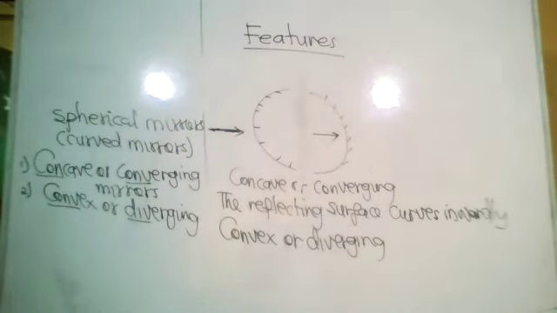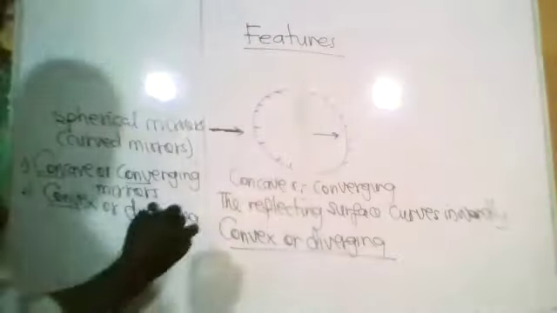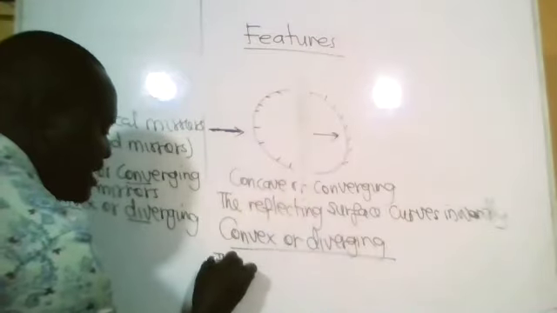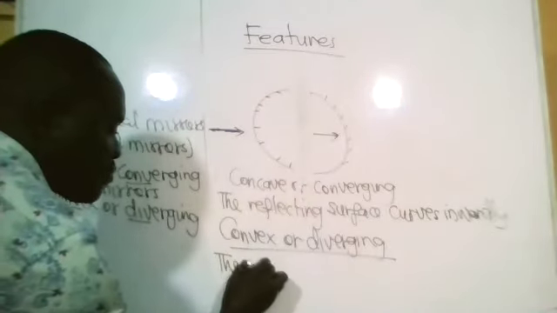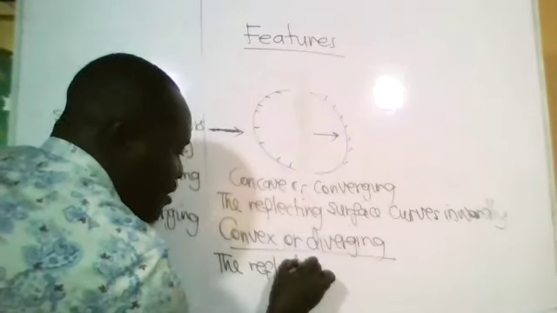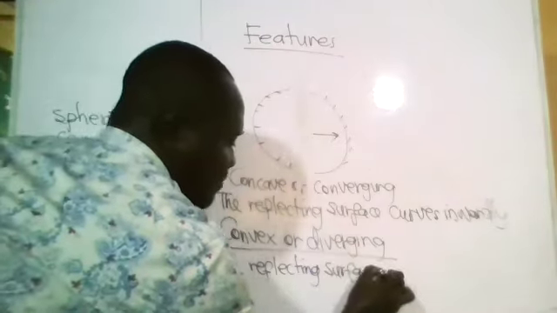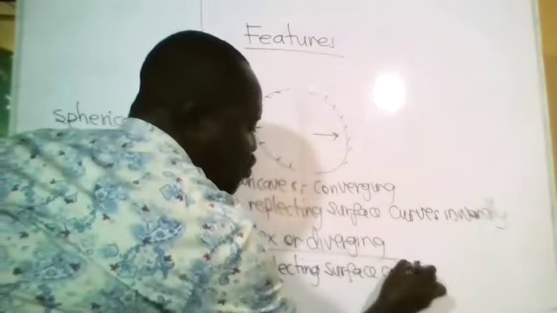So we say that for convex or divergent mirrors, the reflecting surface curves outwardly.